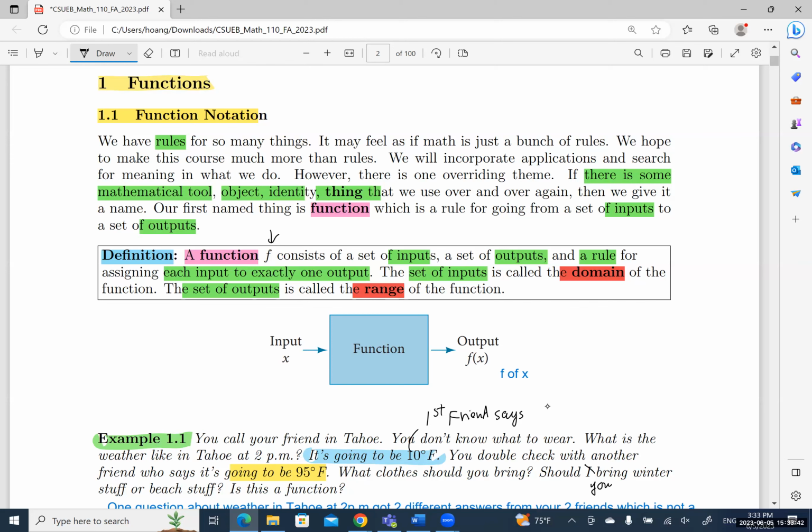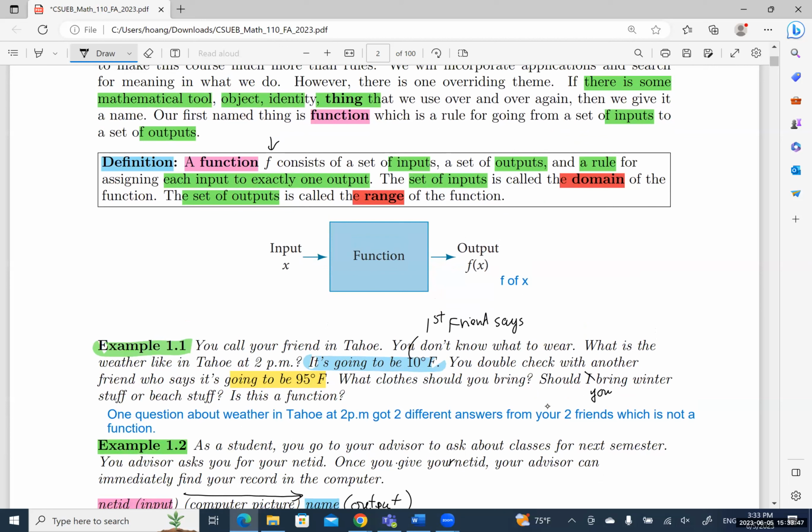And is this a function? Clearly, as I said above, each input must have exactly one output. Here, I have a question about the weather in Tahoe at 2 p.m. and I got two different answers from two friends. That doesn't make sense, and so this is not a function.